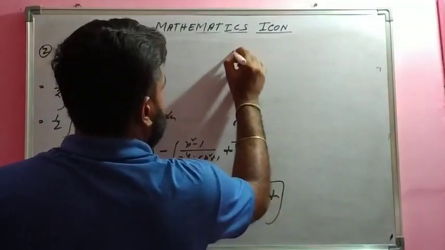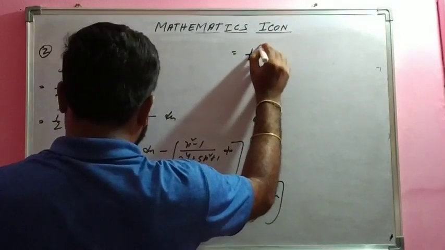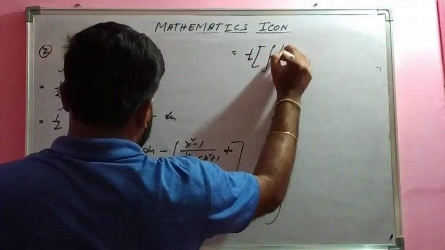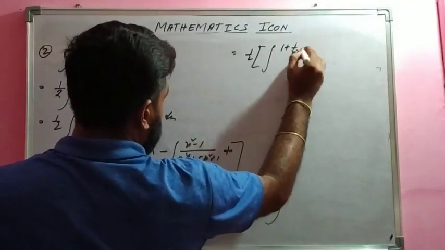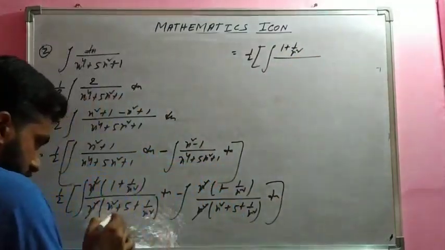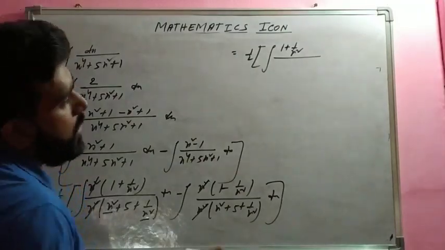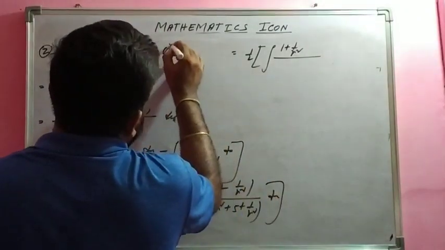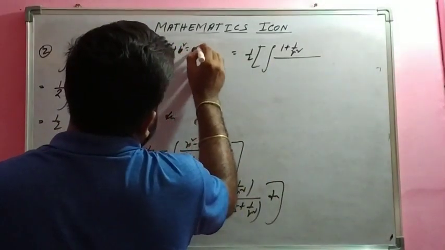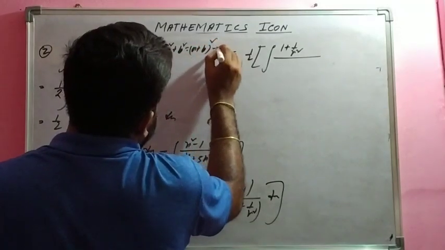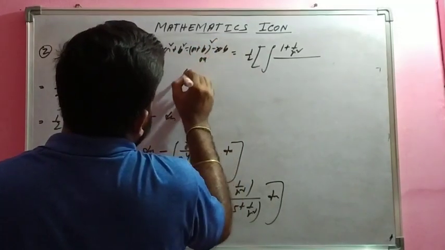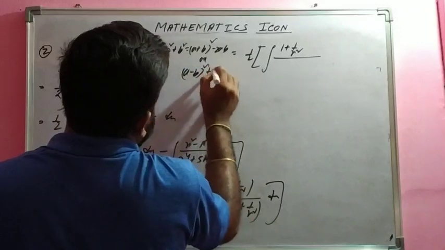Okay, now the next step is half integration of (1 plus 1 by x square). Here the formula for a square plus b square is (a plus b) whole square minus 2ab, or (a minus b) whole square plus 2ab.